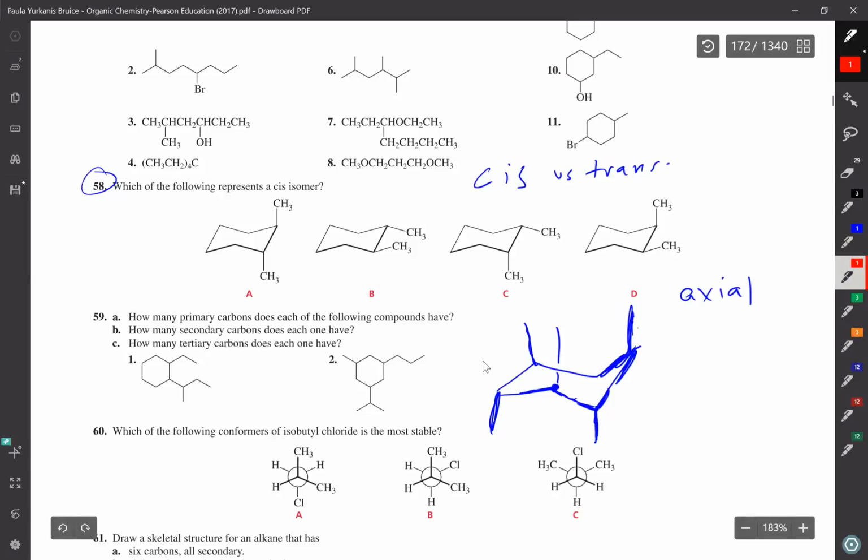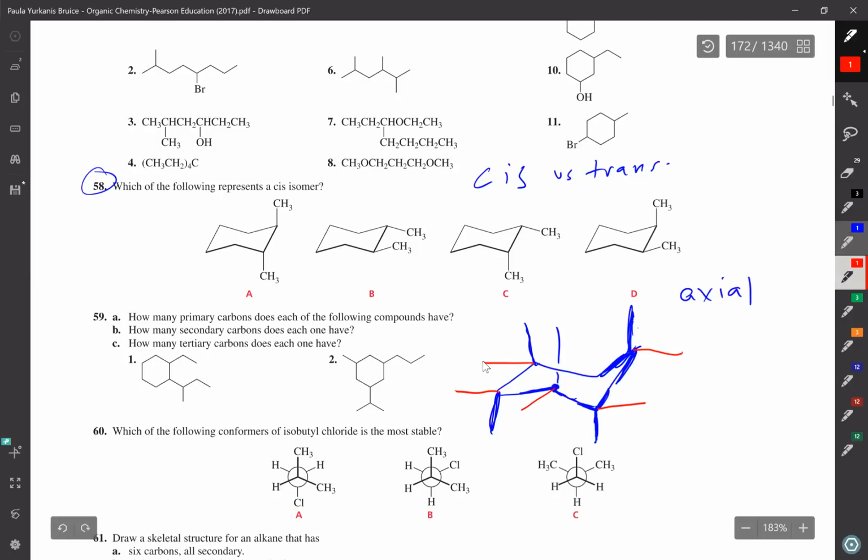Now, there is another series of bonds that are pointing away from the ring. Away from the ring, it means this will be pointing in that direction, and this in this direction, and that one in that direction. Down here, away from the majority of the ring, you'll be pointing in this other direction.